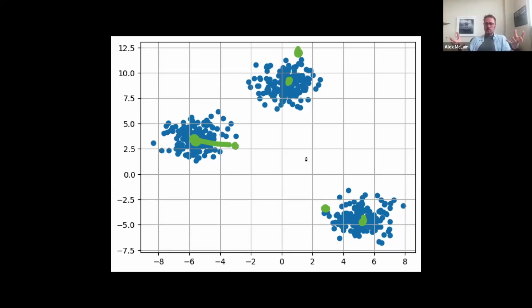Then we do the same thing. All the points again would get put towards the centroid that's closest. Recalculate the centroids, and we just keep going through that procedure until none of the points change hands.